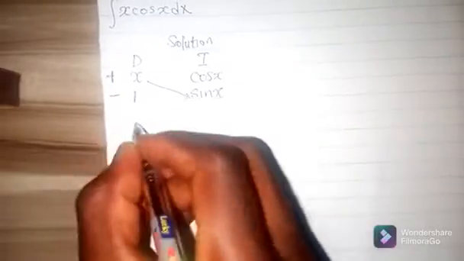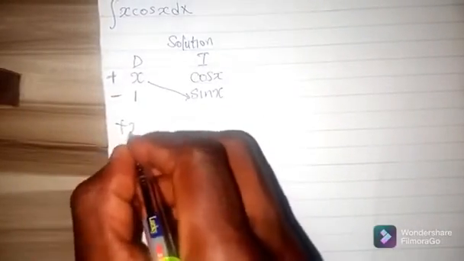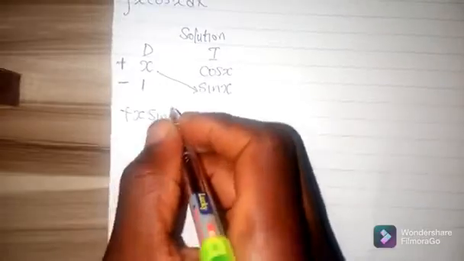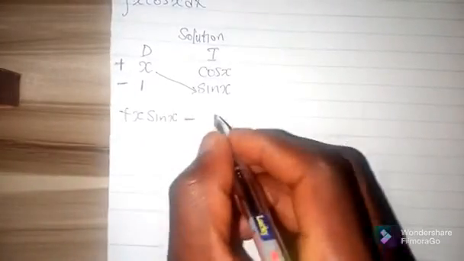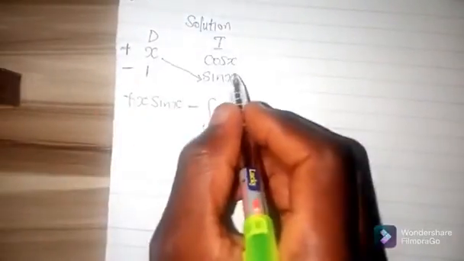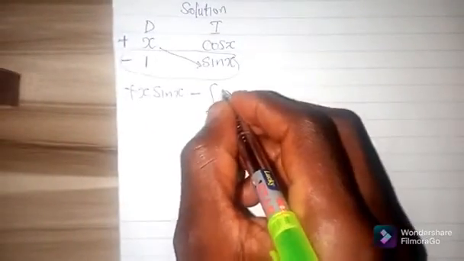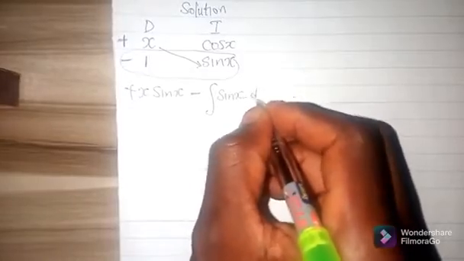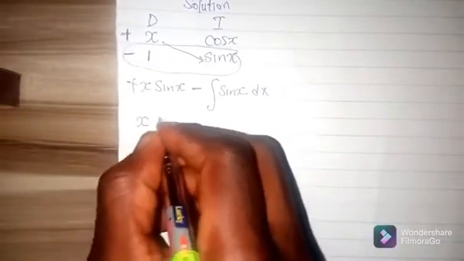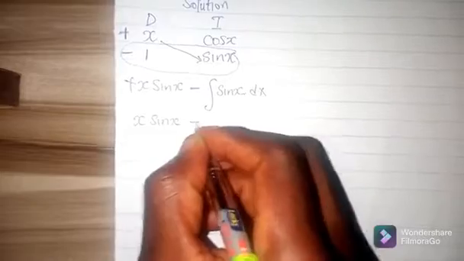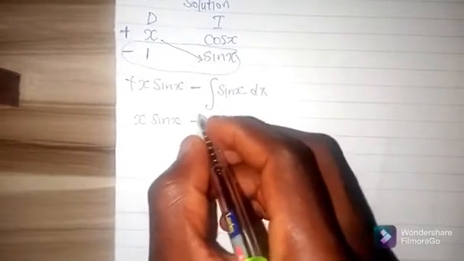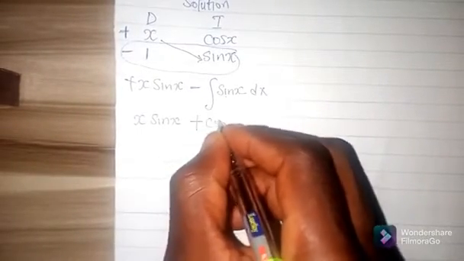You multiply this one. So we have plus x sin x minus, you integrate, minus sin x dx. So we have x sin x minus, when you integrate this, you have minus cos x, which will give you plus cos x plus c. That is the first one.